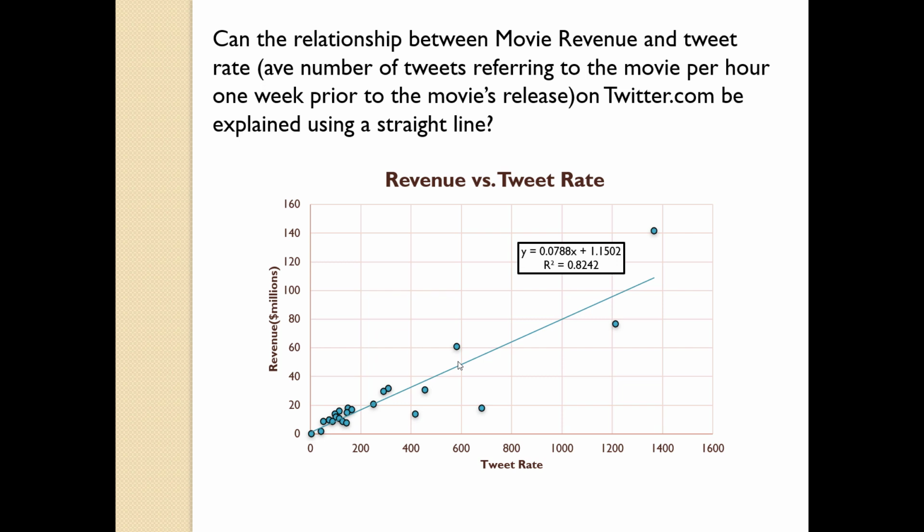Well, we had 3 causes for that error, right? Omitted variables, which we suspect that there are other things driving movie revenues other than the tweet rate. Who's in the movie, whether you can actually go to a movie theater. I mean, we won't deal with that part, but lots of things impact a movie, not just tweet rate.